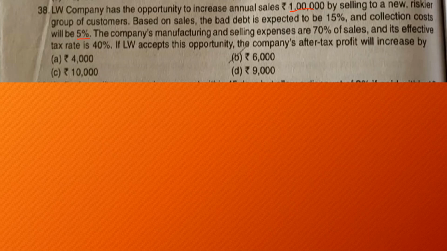So here we are given sales, the bad debts percentage, and the collection cost percentage. The company's manufacturing and selling expenses are 70%. So here the administrative cost, manufacturing and selling expenses, is also given. And its effective tax rate is also given, 40%.